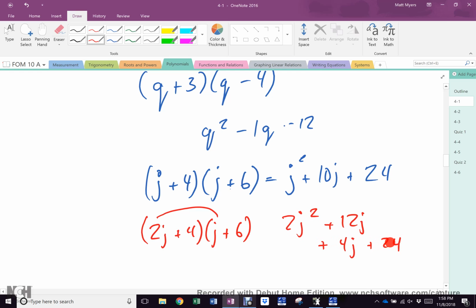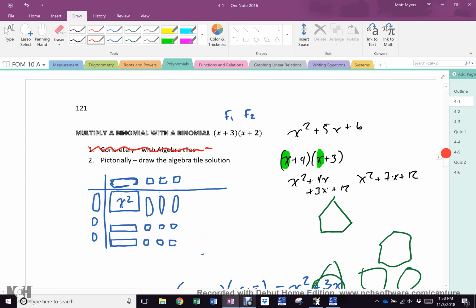Now you'll notice the last one didn't change, did it? But the middle one changed. And I get 2j squared plus 16j plus 24. Is everybody good? Okay, practice this a whole bunch.